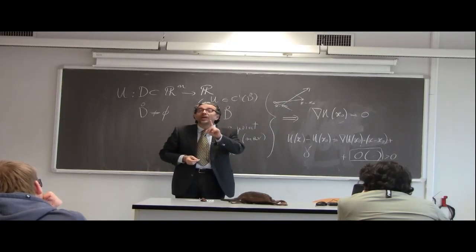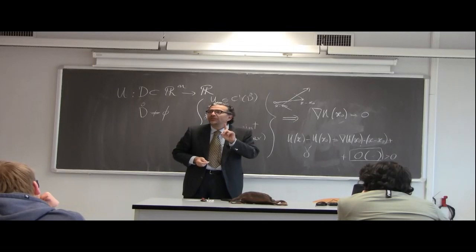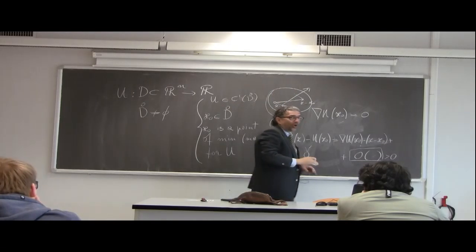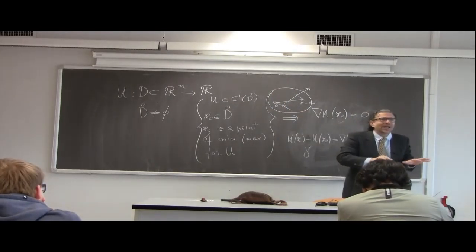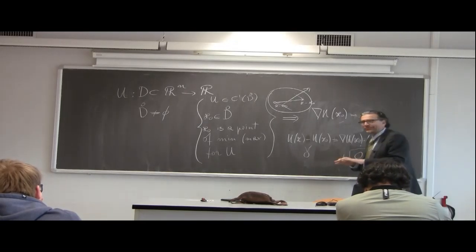Now you understand why we need to make the assumption that x0 is in the interior of the domain, because you need to move around x0, always being able to calculate the function u.